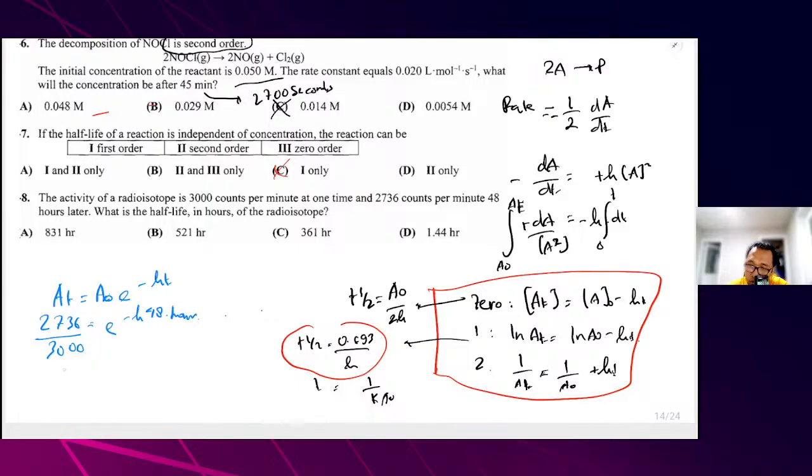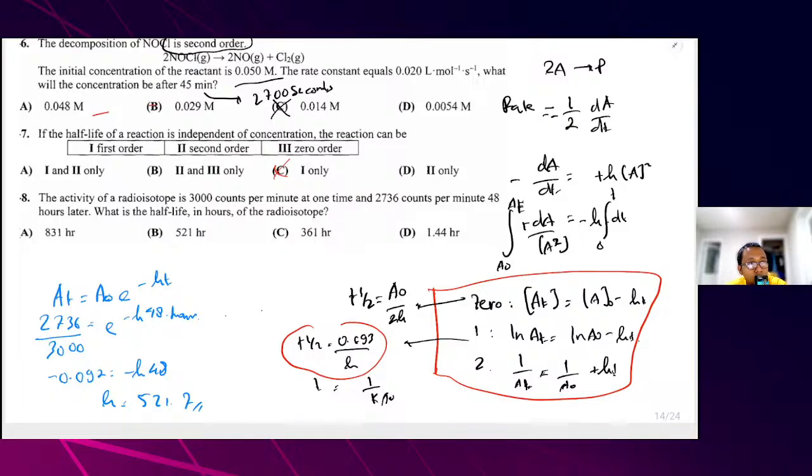And then so it will be, and then k, it will be 48 divided by 0.0092. So k, it will be 521.7. Okay, so now just 0.693 divided by 521.7. The answer will be what?